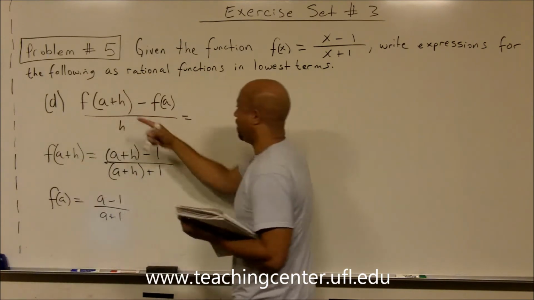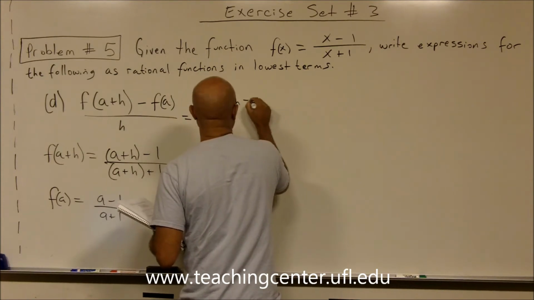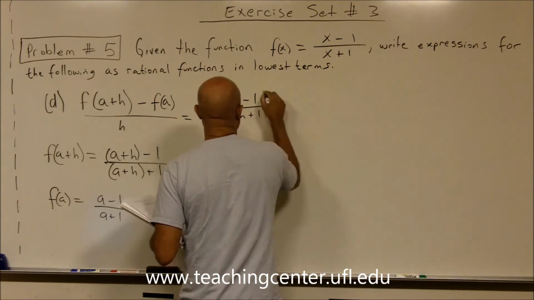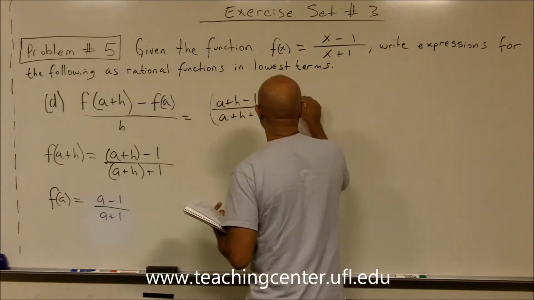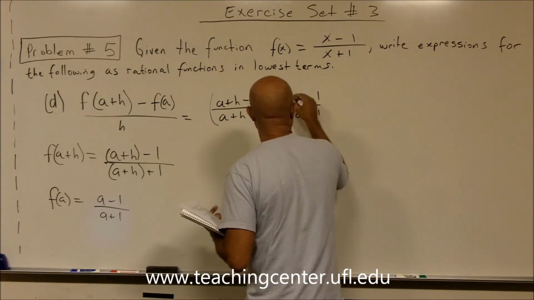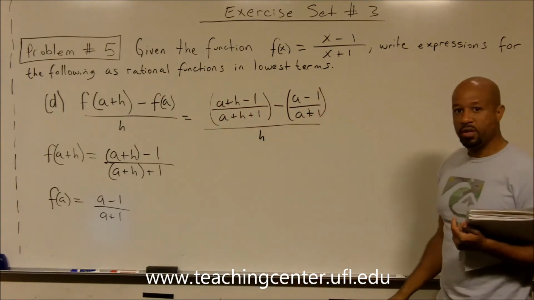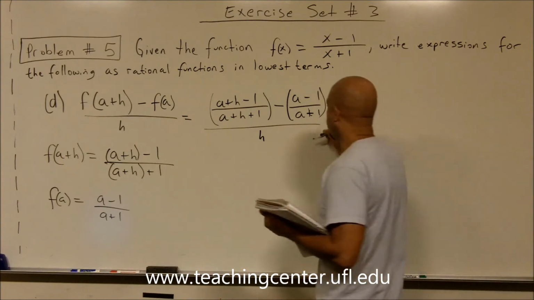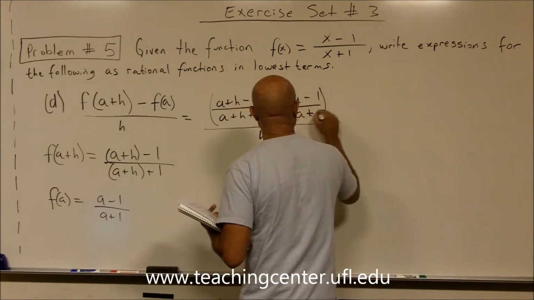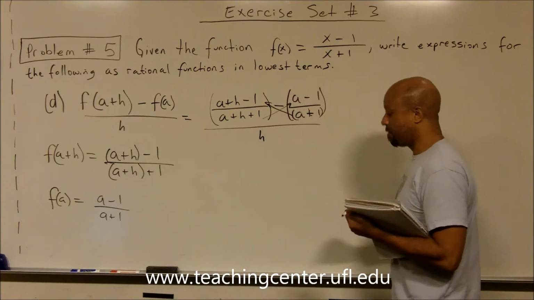So that f of a plus h, we have a plus h minus 1 over a plus h plus 1, minus f of a, which is a minus 1 over a plus 1. Okay? And that's all going to be over h. Now, in order to simplify this, we're going to need to get a common denominator on the numerator. So we're going to multiply this part by that, and this denominator to there.